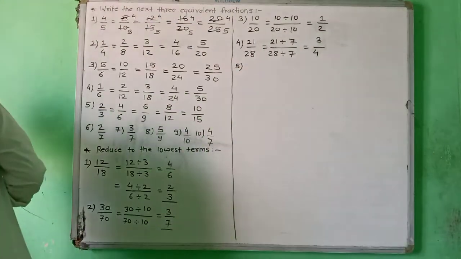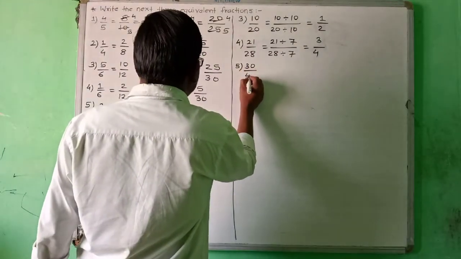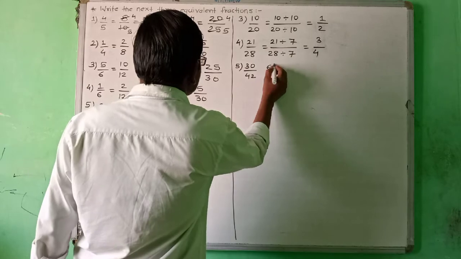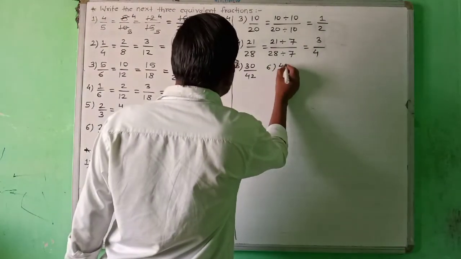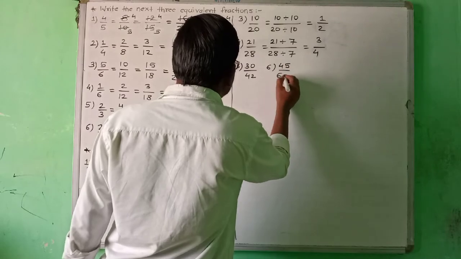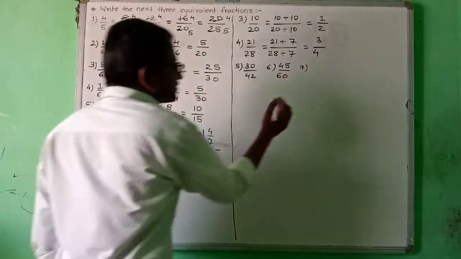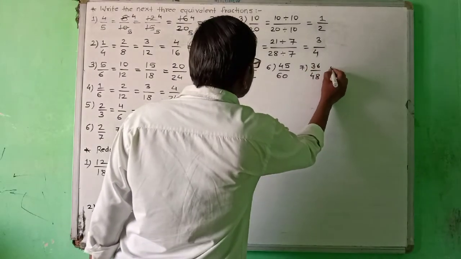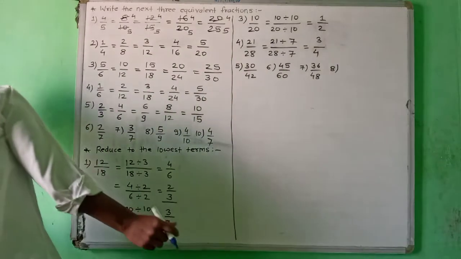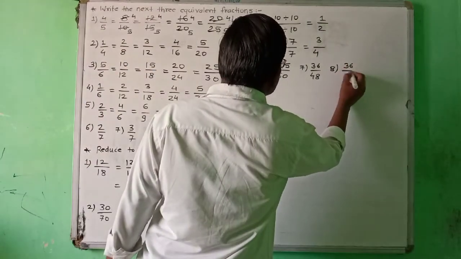Fifth one, 30 upon 42. Sixth one, 45 upon 60. 7, 36 upon 48. 8, 36 upon 54.